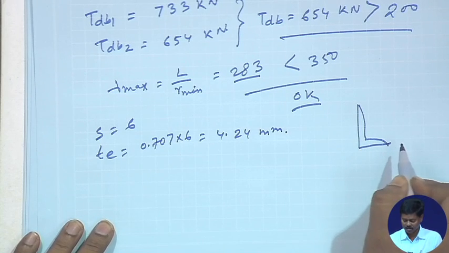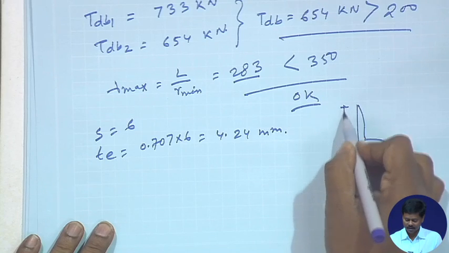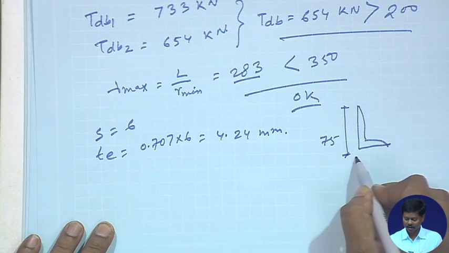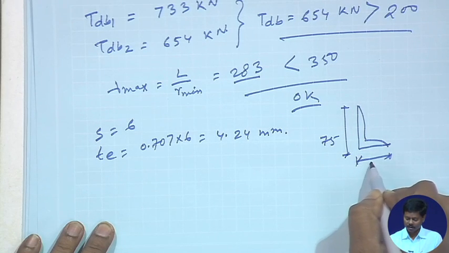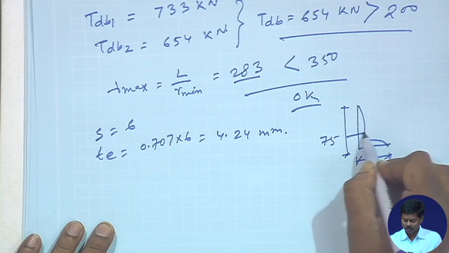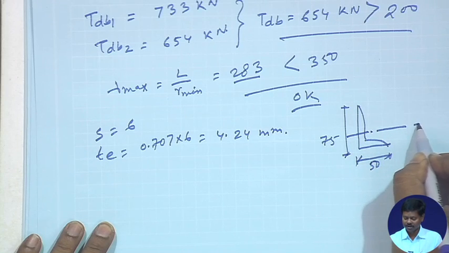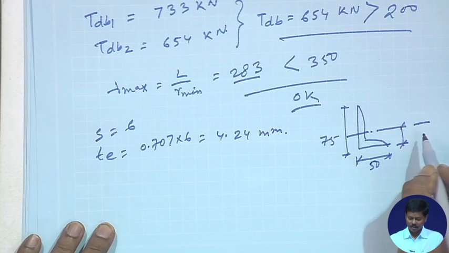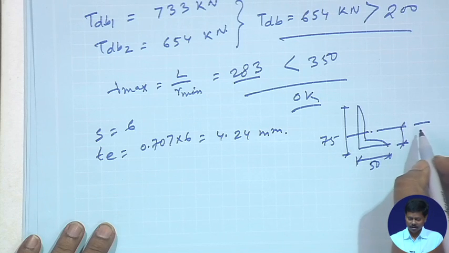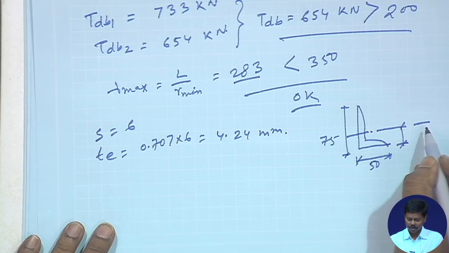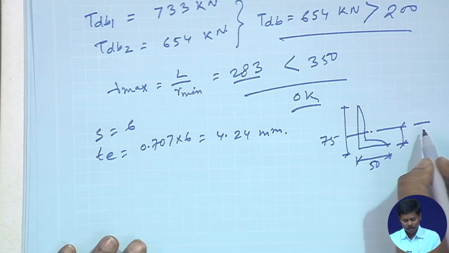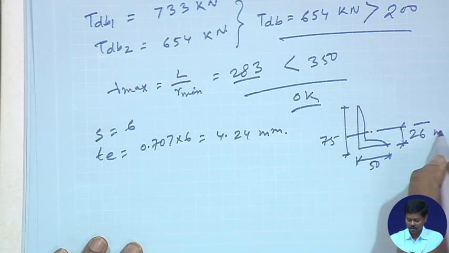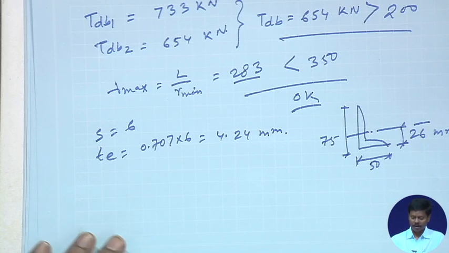Now, if the member is like this, that is 75 and this is 50, then the load will be along its CG distance, right, and this distance we have calculated earlier, that is 20, this is 20, it was 26 mm, right.